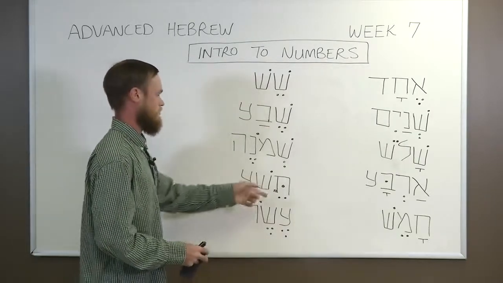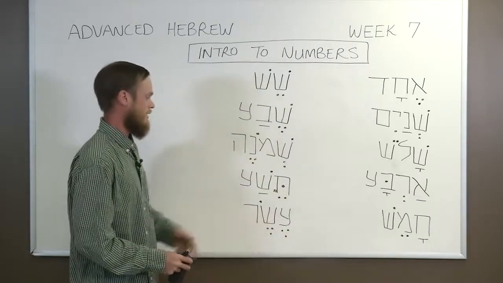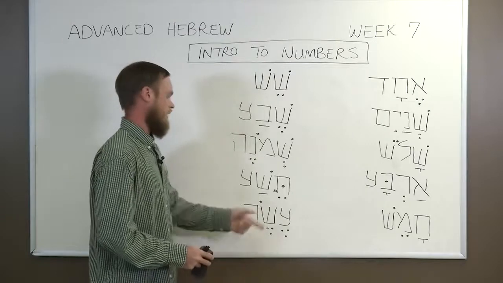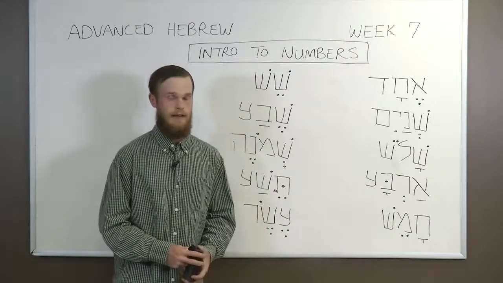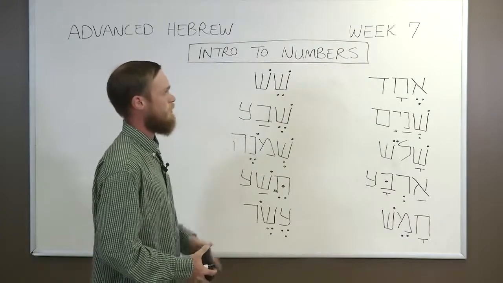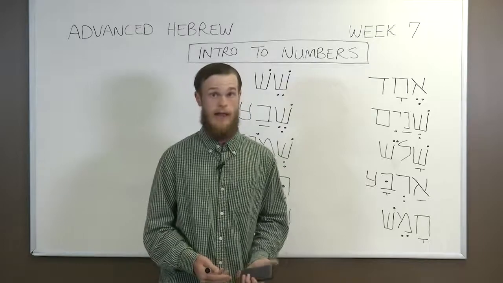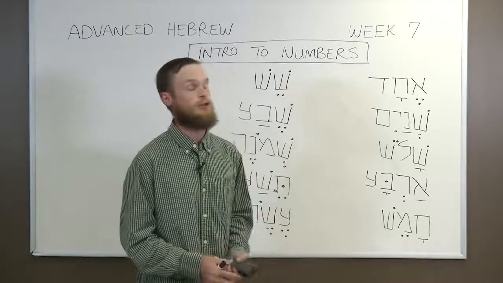Teshang is 9. Tishang is 9 feminine. And Eser, 10. Asara, 10 feminine. So those are the numbers 1 through 10 in their adjective form, or their adjectival use.